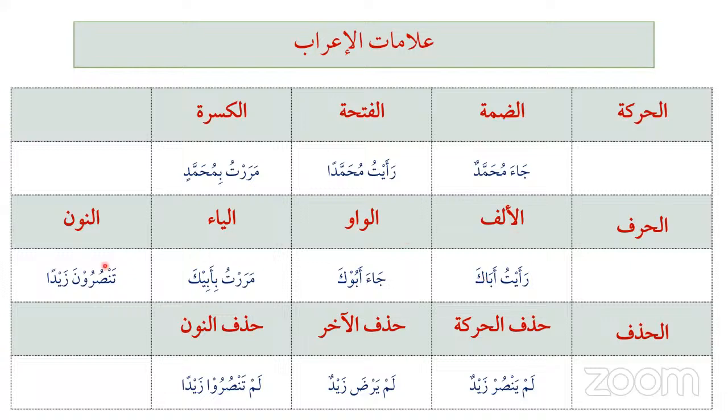And also it could be keeping of the noon, tansuruna. Also, the sign and the indicator of a word being in a particular state can be hazf, removal. What do you remove? You can remove a haraka: lam yansur zaydun. Or you can remove the ending of the word: lam yarda zaydun. Or you remove the noon, in this case in relation to fi'l mudari.